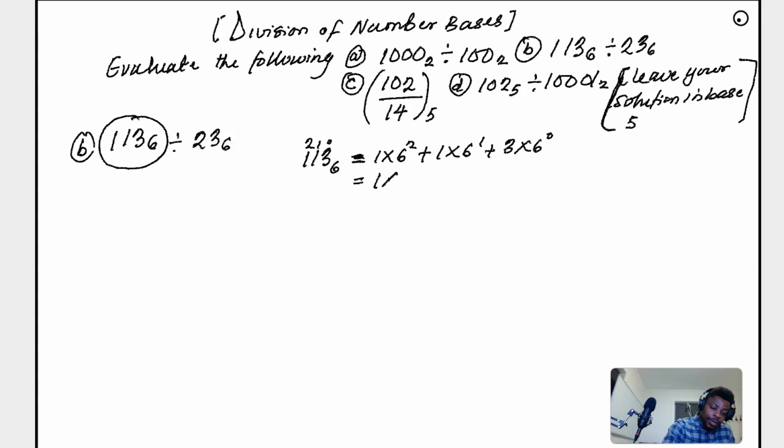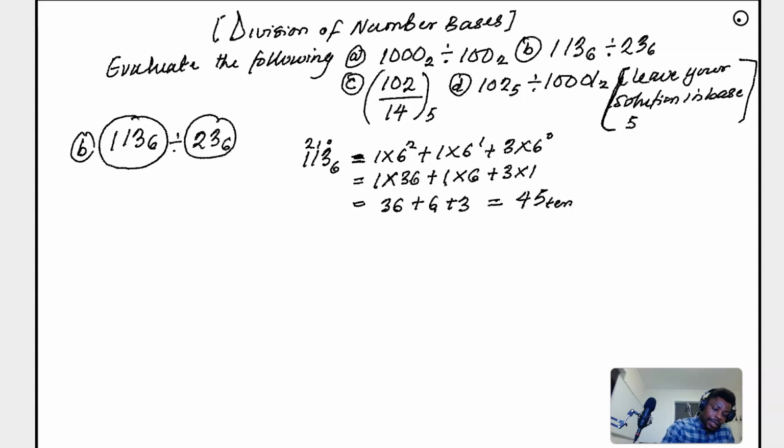So 6 raised by 2 is 36. 6 raised by 1 is 6. And 6 raised by 0 is 1. 1 times 36 is 36. 1 times 6 is 6. And 3 times 1 is 3. So 36 plus 6, 42. 42 plus 3, 45 in base 10.